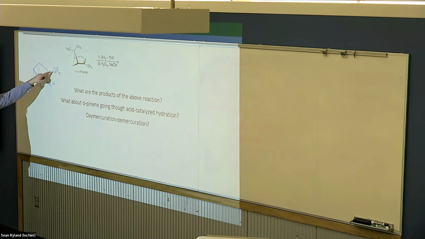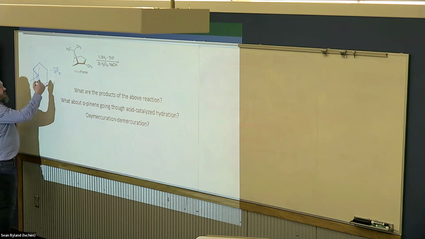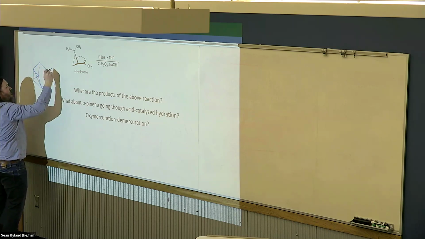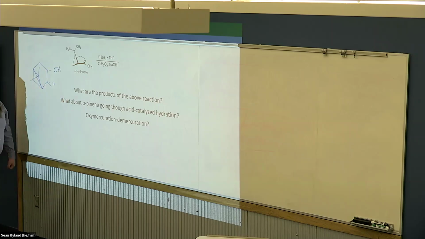And then we do another syn reaction to replace the boron-carbon bond with the boron-oxygen bond, right? So if we had to guess, we would expect this to be our major product, probably with some of the enantiomer where it's flipped. That's going to be less likely.